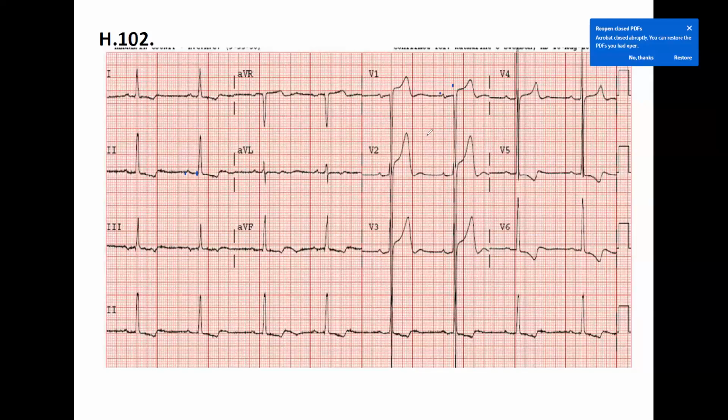Every P followed by QRS complex. When we are evaluating the connection between P wave and QRS, we are evaluating the conduction in the AV junction. So if it's elongated, but every P is followed by QRS, that means first degree AV block.